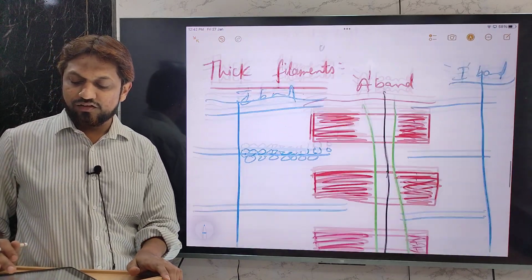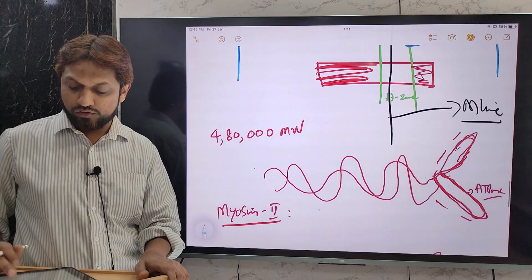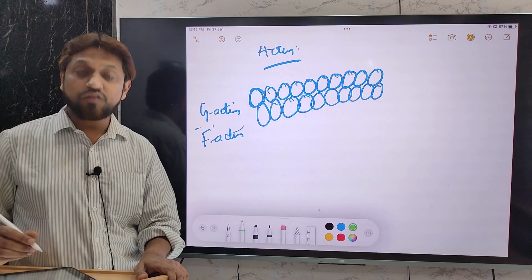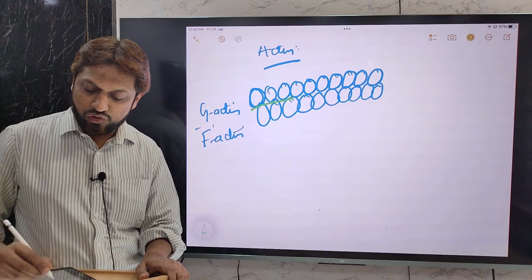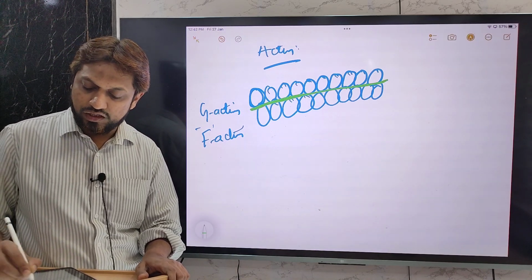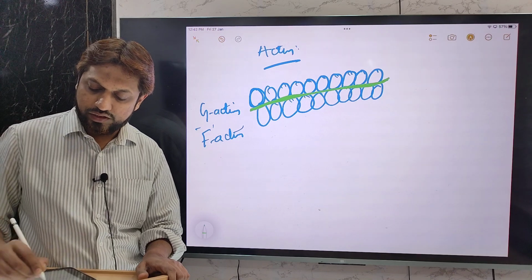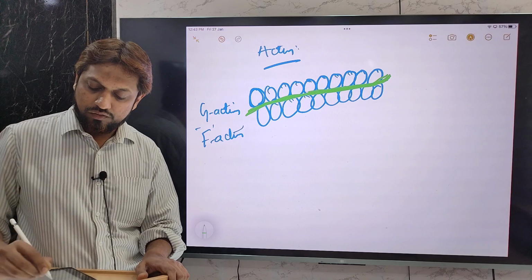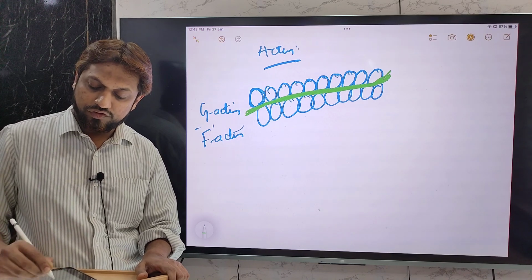Where exactly are tropomyosin and troponin present on this thin filament? In the groove of the F actin there is a ribbon-like, thread-like, rope-like protein.